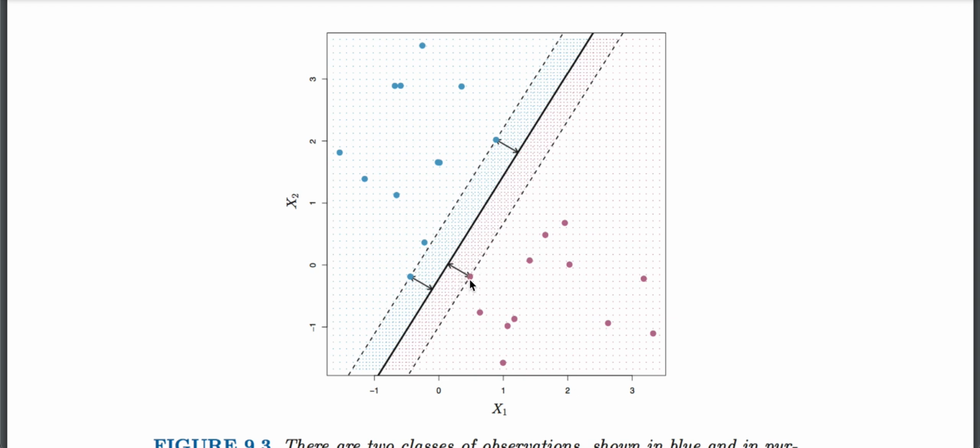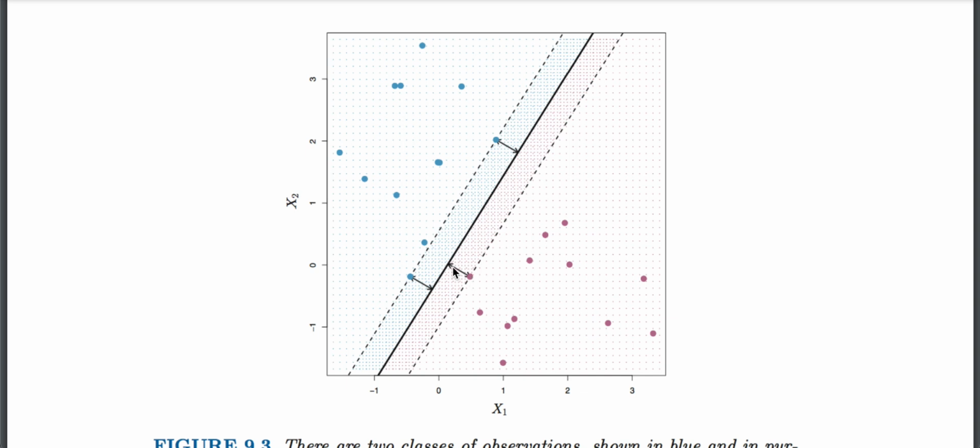Let's say we move this a little bit. Then the hyperplane will be closer to these two points, so the margin will not be this distance anymore, it will be the distance to the blue. If we move this line closer to the red, then the margin will be the distance to the red point.